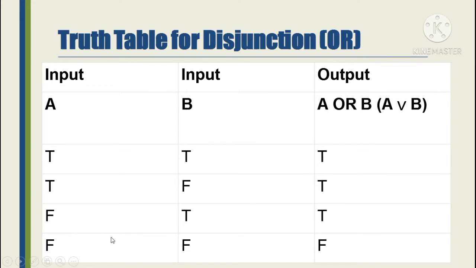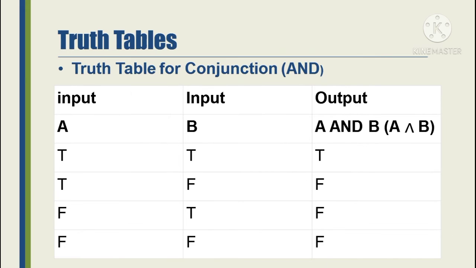Kapag naman dito, kapag false yung A, true naman yung B, magiging output niya ay true. Pero dito, false yung A, false yung B, siya ay naging false din. Katulad lang din noong ating and.